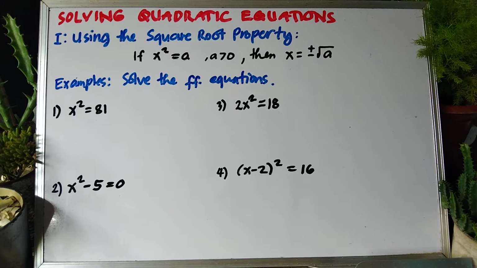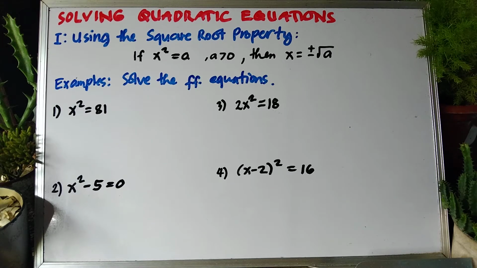So we are now on solving quadratic equations. Actually, there are a lot of methods on how to solve quadratic equations. But first, we will use the first method, which is the square root property.